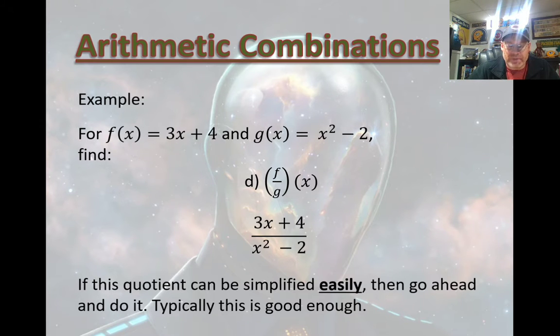Sometimes they can be simplified pretty easily. There might be a trinomial in the denominator that can be factored and something can be canceled out, but don't spend 15 minutes trying to simplify something like that. It should be easy to do if it's possible.